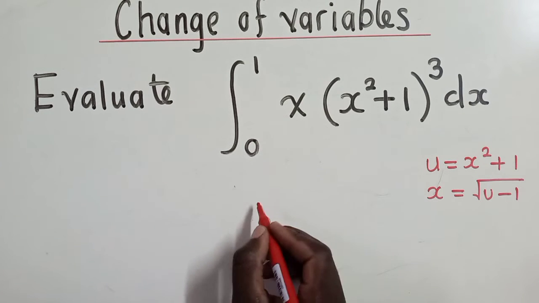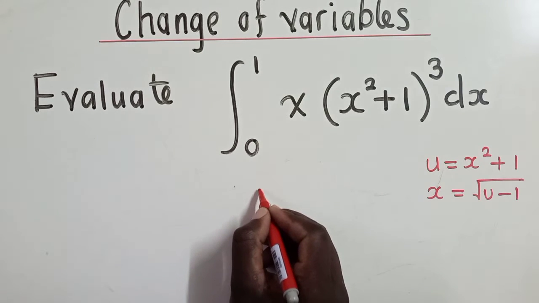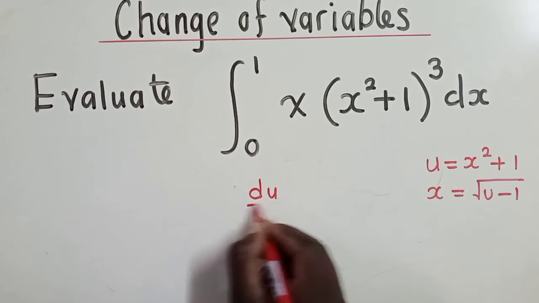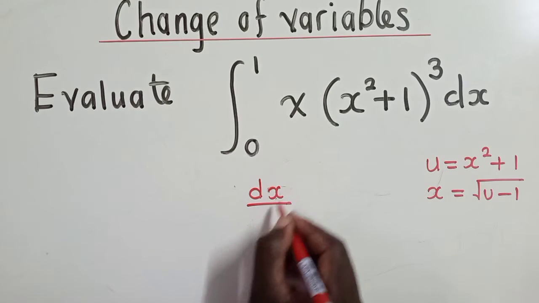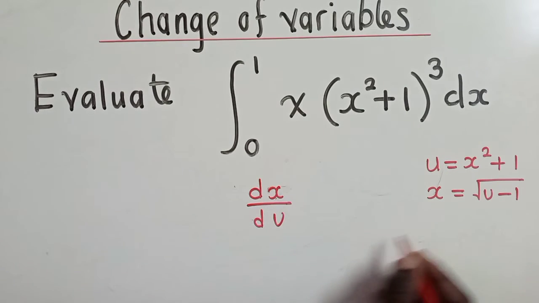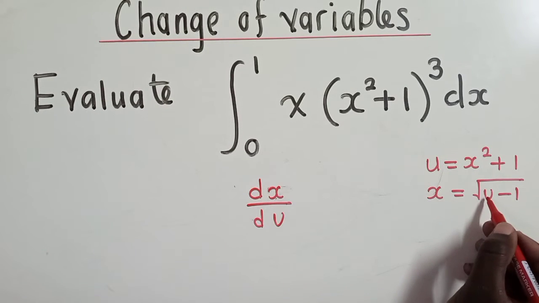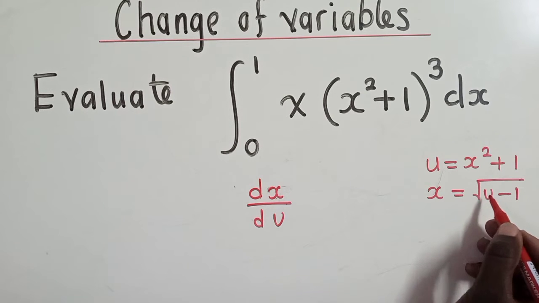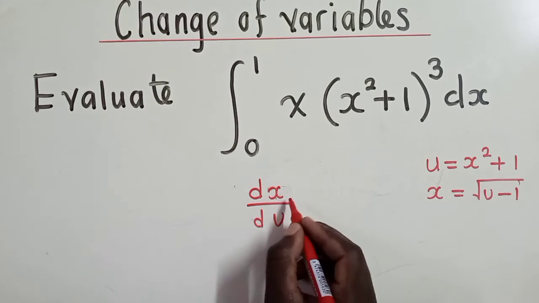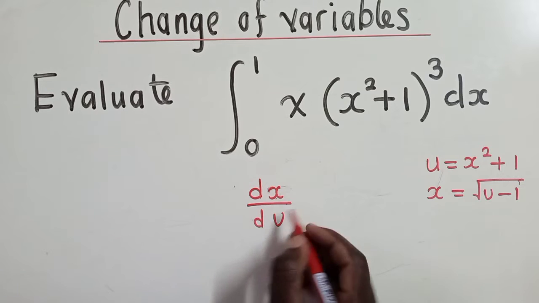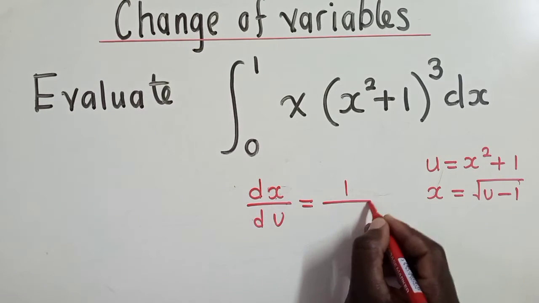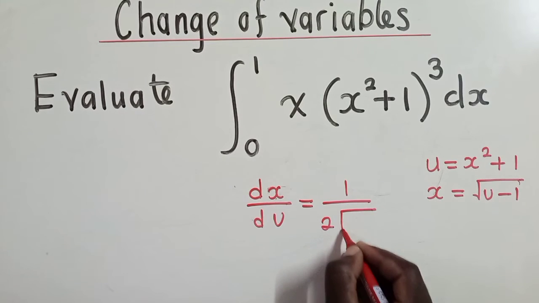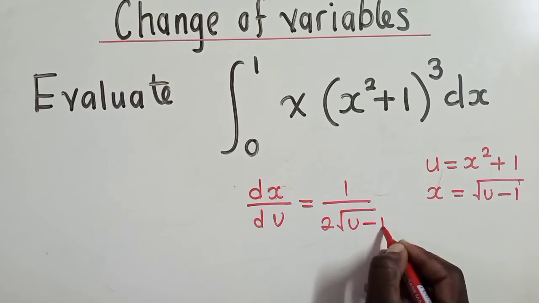Now the third step will be to find the du. We're going to say dx du. We are expecting u in this case, so to find the derivative of this, we will say dx du, which is equal to 1 over 2 root over u minus 1.